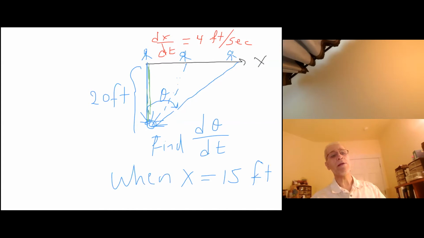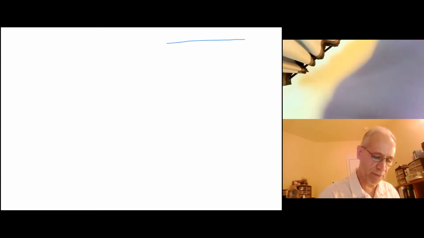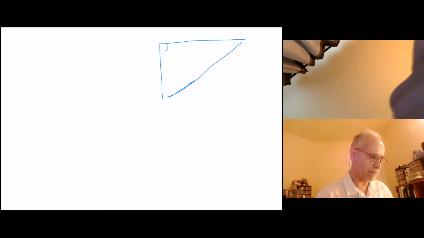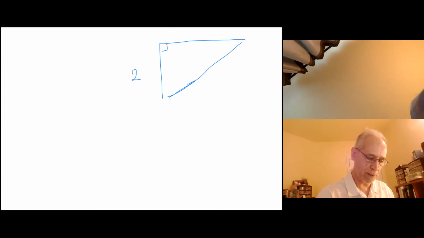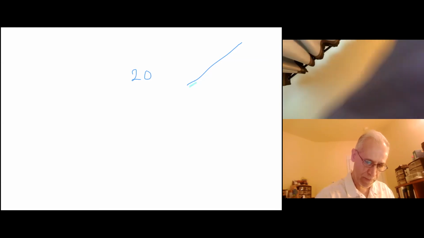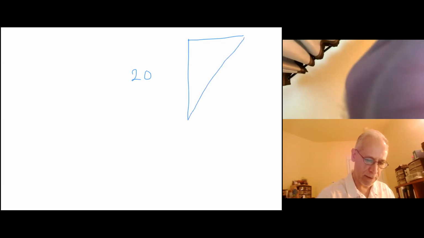Okay. So what's happening when x equals 15 feet? So this is 20. Let me change my picture a little bit. If this is 20, make this 15 so it's more consistent.